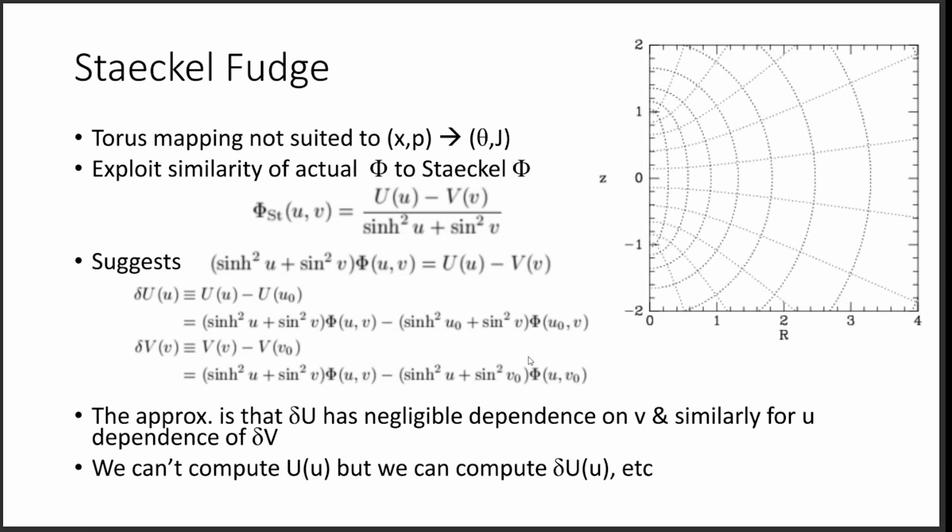And the approximation that we're making, so this is something that is defined, in the real world, by this equation. It's not really a function of u only. It, in fact, will have v dependence, and the approximation is that it has very weak dependence. If we define delta v to be this, it isn't actually a function of v only. The approximation is that it has very weak u dependence. So that's how we proceed.